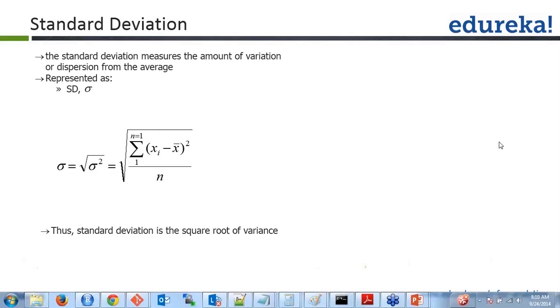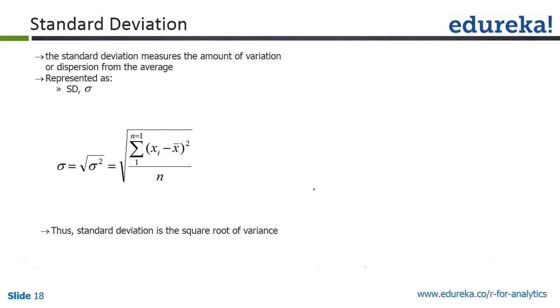There is a question from Mehul: in real scenarios, do we mostly use variance or standard deviation? We will be using standard deviation most of the time, because it is easy to understand. When I say that the height variance is 25 squared, compared to saying that the standard deviation is 5, it is easier to interpret saying 5.